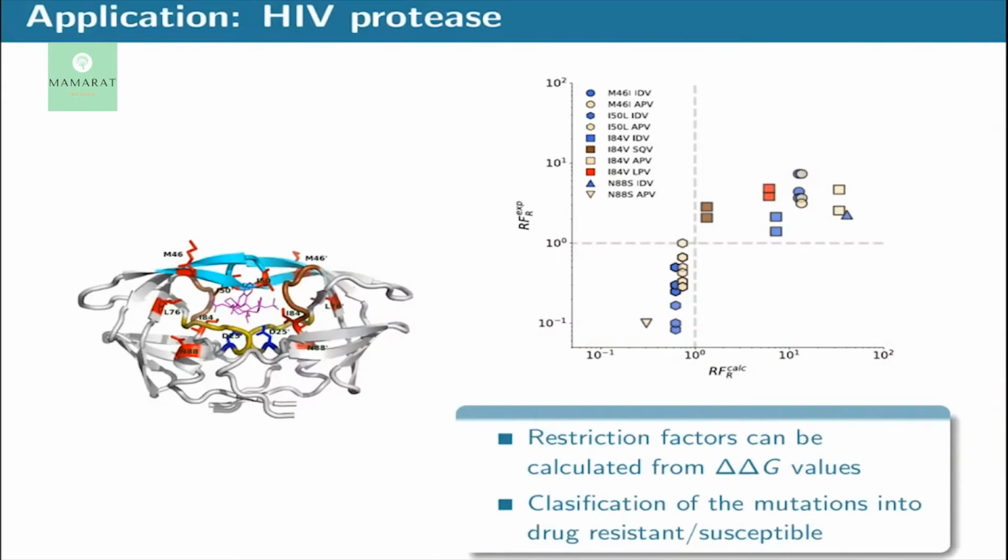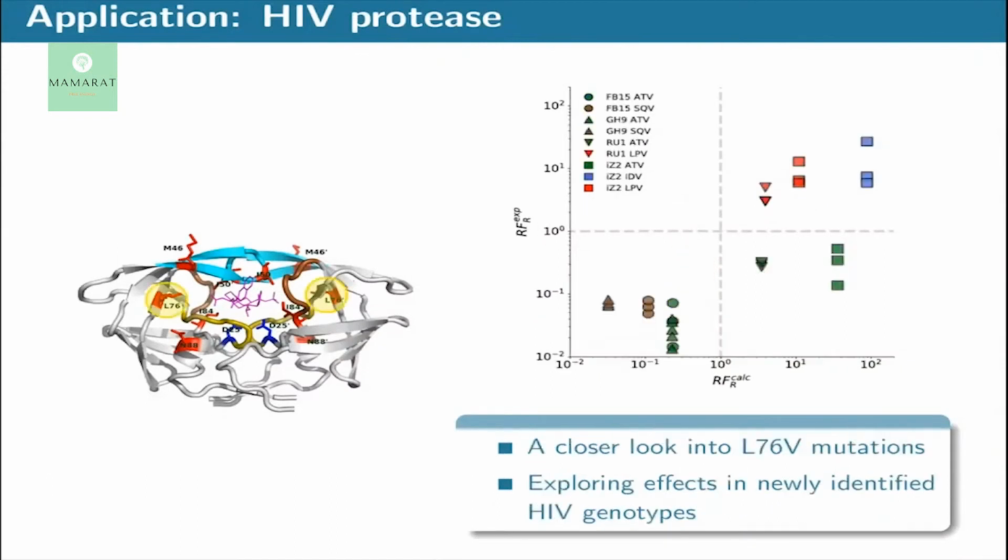So we have a very good classifier, which we extracted from the delta G values, and these were previously known mutations affecting known ligands, but we also looked at new mutations.